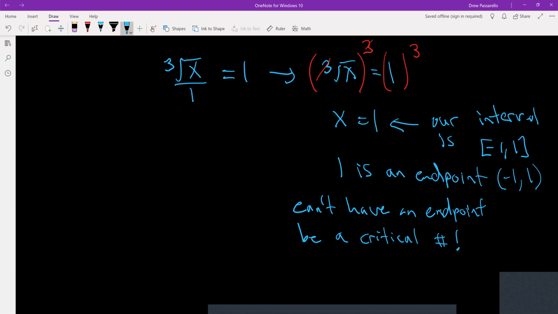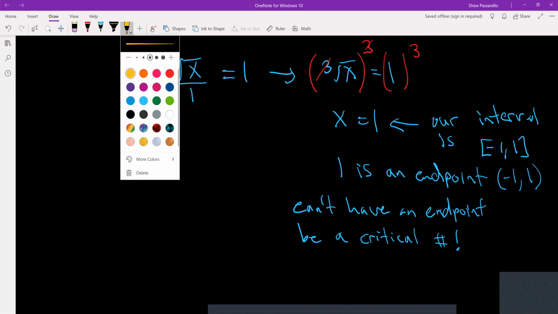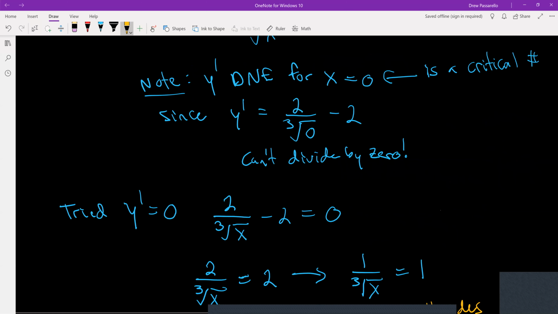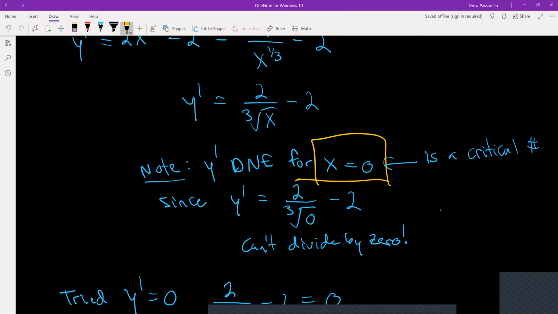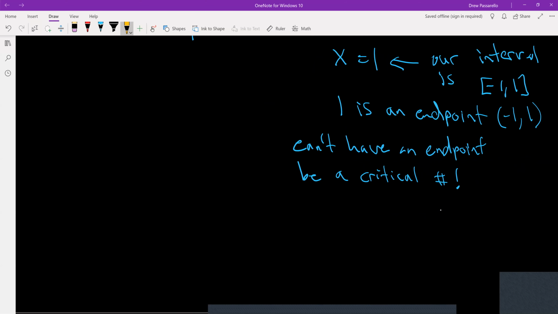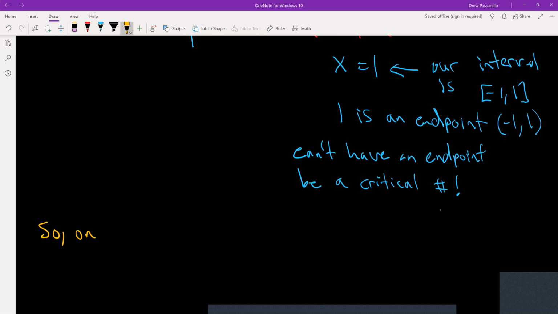That would give you your range of values, which you would have your critical numbers. But in this case, since we got 1, which is an endpoint, that can't be a critical number. So that means only 0 is going to be the critical number that we apply. So only x being 0 is a critical number in our interval.